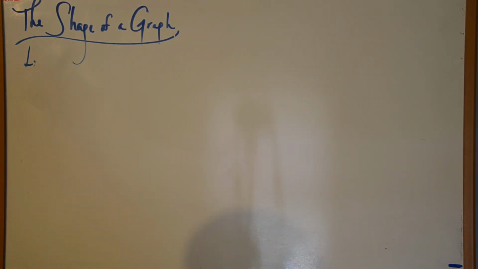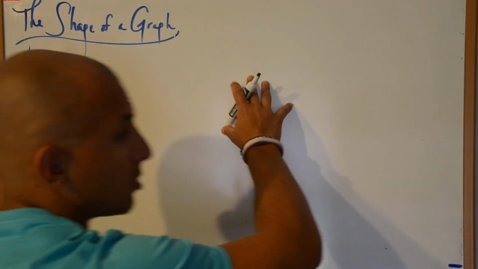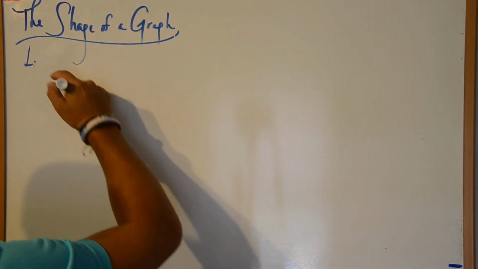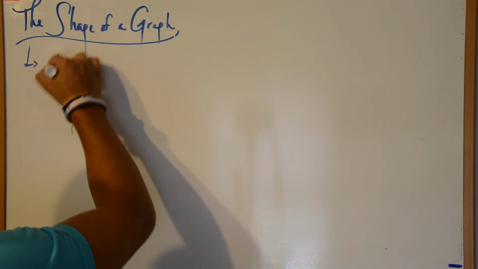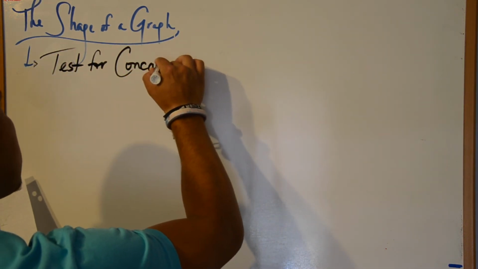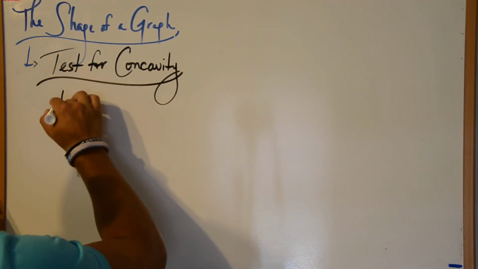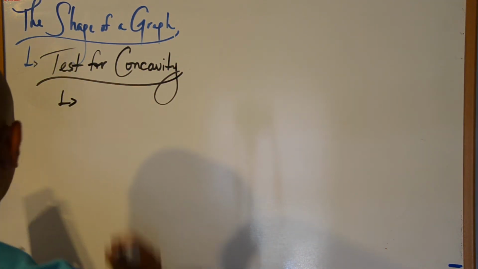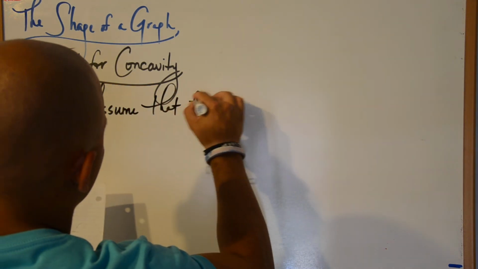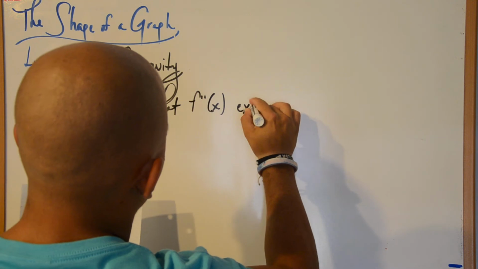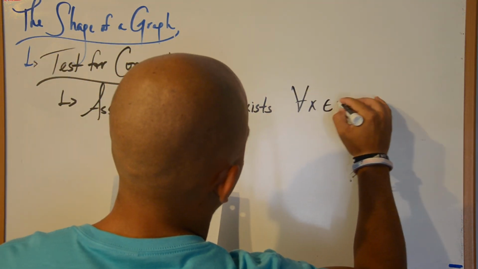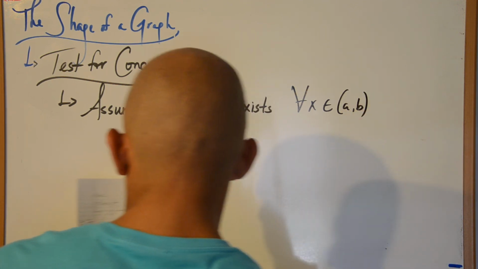So, we just defined concavity utilizing the first derivative. However, we can also test for concavity using the second derivative. So assume that f double prime of x exists for all x in AB.